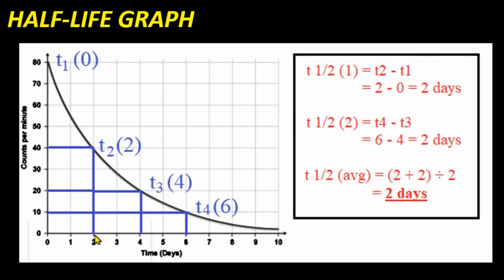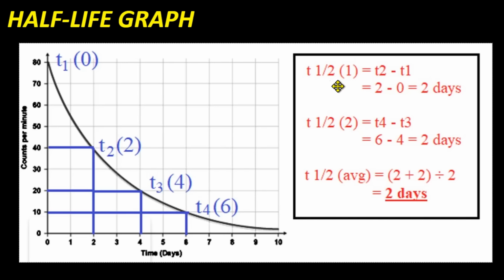So my second pair, I took 20 and 10, which will be T3 and T4 in this case. So 20, as we see here, is going to be 4 days in, and 10 is going to be 6 days in. The difference between these two numbers, 6 minus 4, is 2 days that would have passed here as well. So once again, we get the same number, but we still write our working.